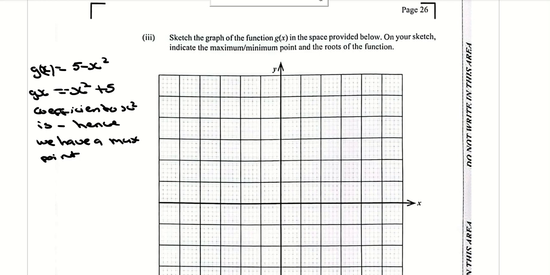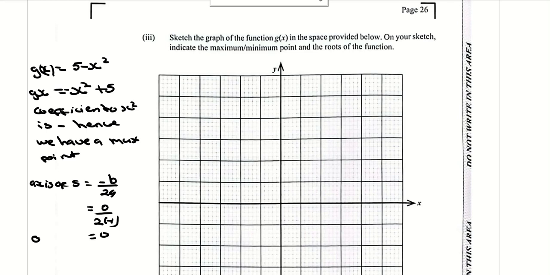So to get your maximum point, you have to get your axis of symmetry. Your axis of symmetry is minus b over 2a. Minus b, there's no b, so it's 0 over 2 times minus 1. Axis of symmetry is 0. Alright?